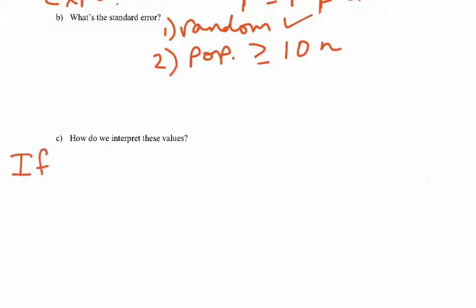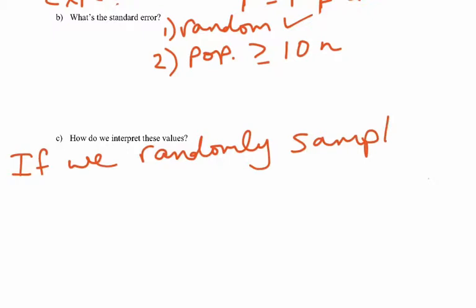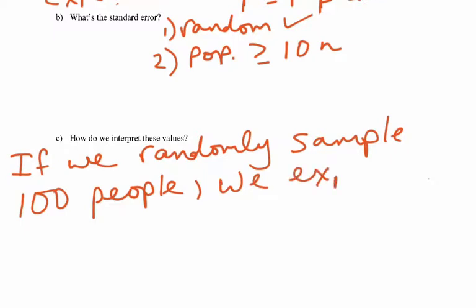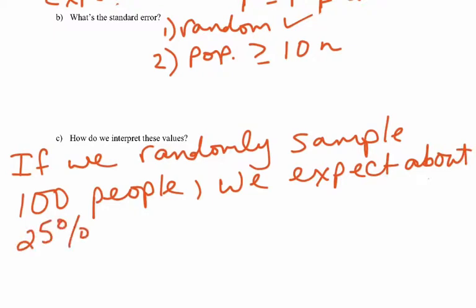So if we randomly sample 100 people, what do we expect? We expect about 25% of my 100 people in each sample to be walkers.